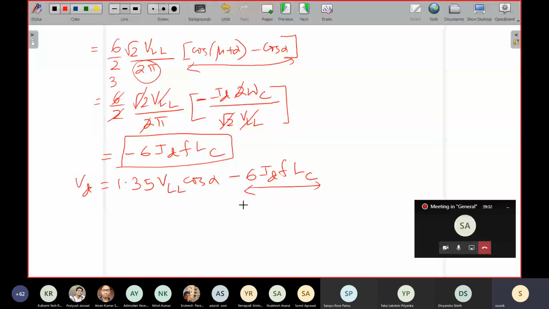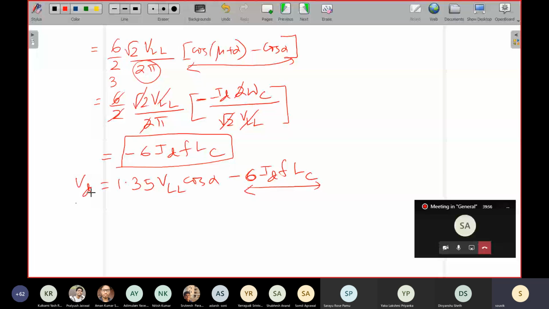You can see that it is getting some kind of omega L drop, omega LC into F into ID, but there is a coefficient 6. So this much will be the loss in the rectified output voltage.